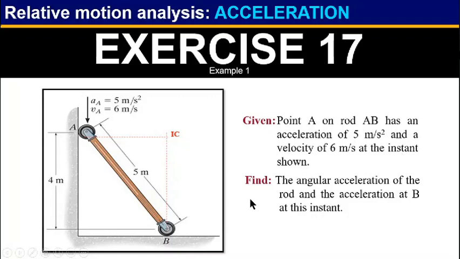Now, you need to find the angular acceleration of the rod and the acceleration at B at this instant. So you need to calculate the angular acceleration alpha and also a_B, for this system at a particular instant. Alright, let's see the solution together.